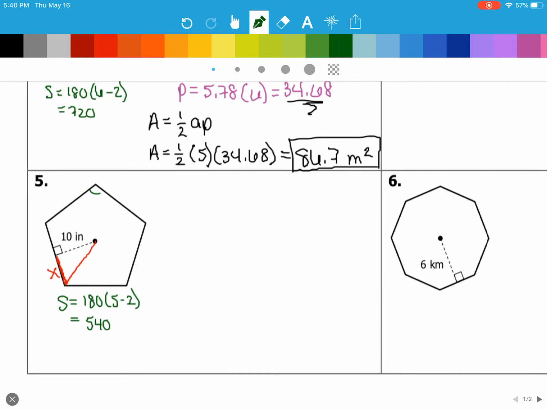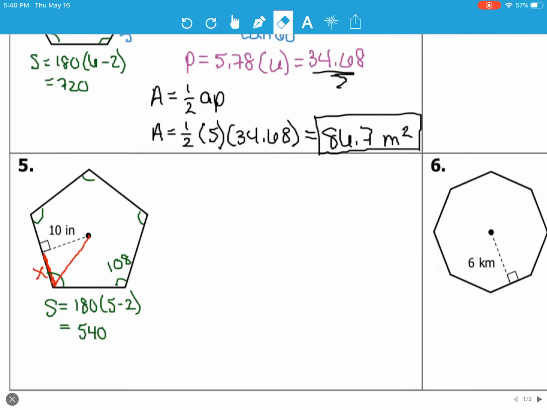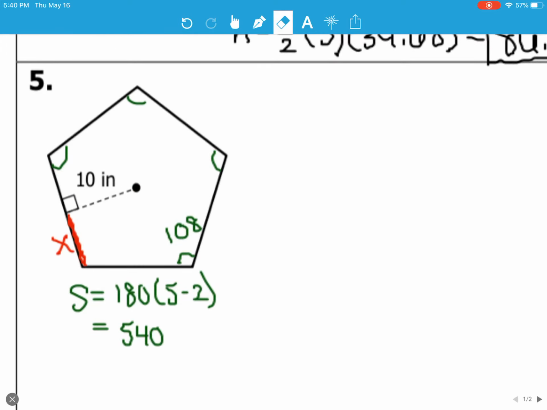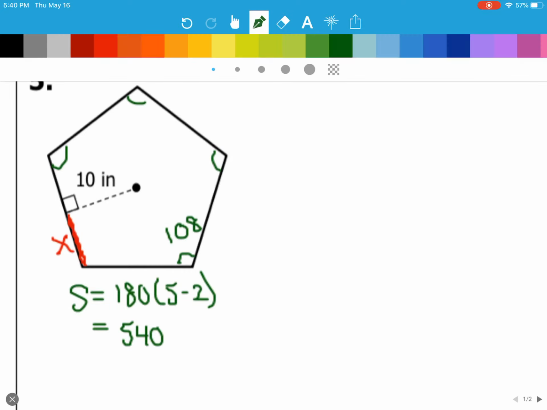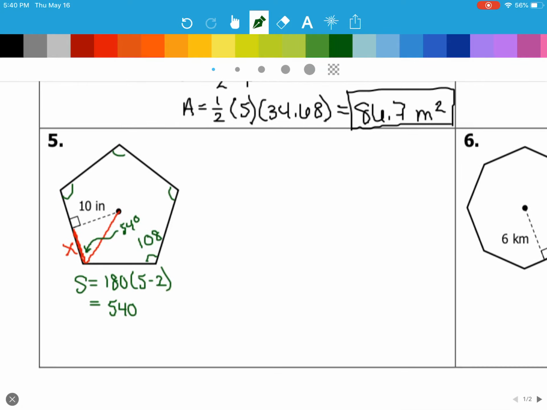So that means each of the angles inside of this pentagon are going to equal, if I divide 540 by 5, 108 degrees, which means that, oops, hold on, sorry. Which means that this angle right here is going to be 54 degrees. That angle right there is going to be 54 degrees.